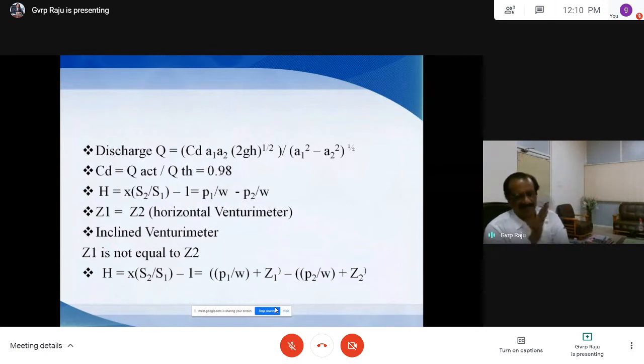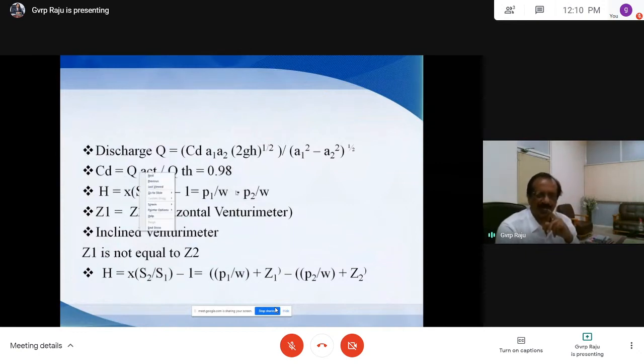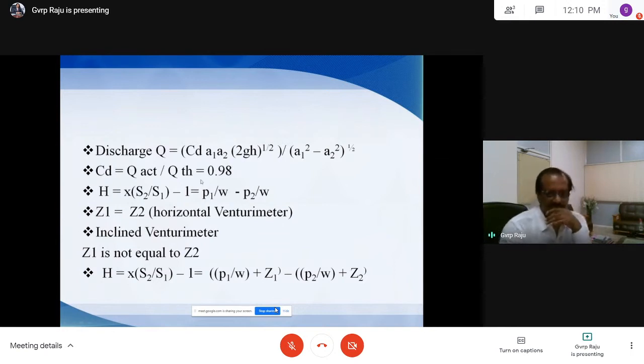Obviously there are some losses when the flow is from one end to the other. Because the losses are less in a venturimeter, the value of Cd is 0.98, very close to 1. If the calculations are wrong, you may get Cd more than 1, which is not correct. Obviously, the actual discharge should not be more than the theoretical discharge. The water which is available will not be more than the water which is supplied. So Cd is equal to 0.98.